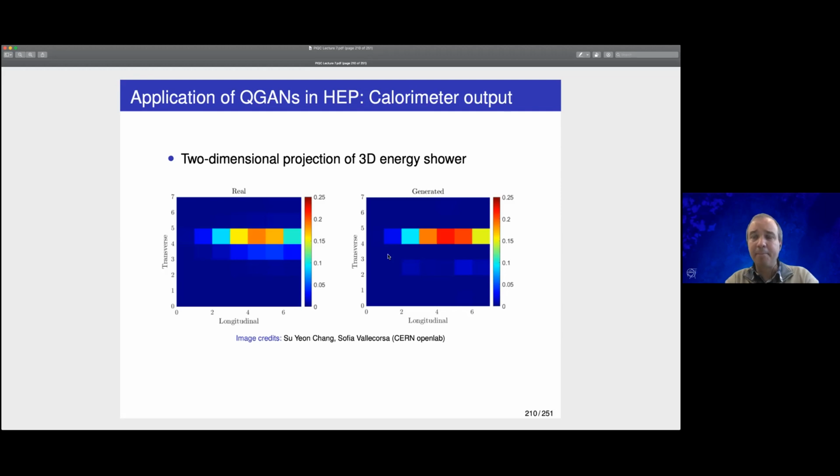And in 2020, I think, researchers here at CERN Open Lab, including Sofia Vallecorsa and Su Yeon Chang, started looking into the possibility of using not classical generative adversarial networks, but quantum generative adversarial networks.